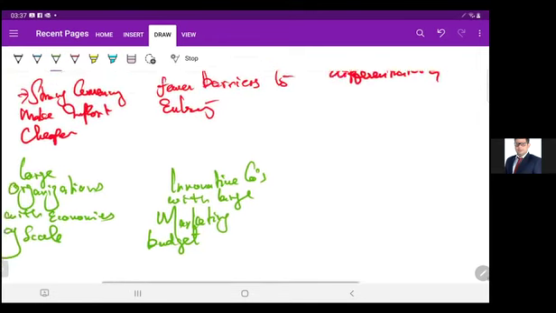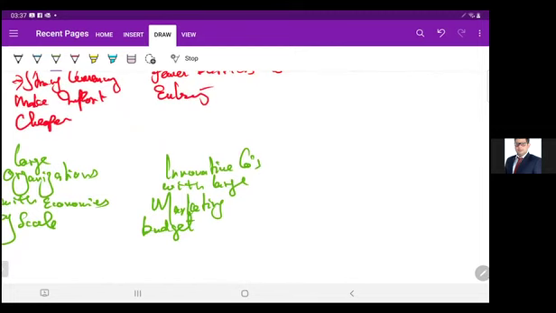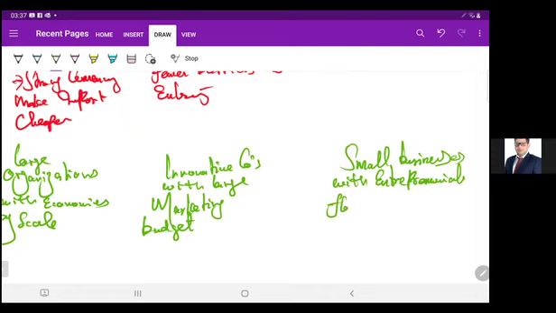And lastly, focus is suitable for small businesses with entrepreneurial flair, strong market knowledge, and a risk-taking attitude. And it is often suitable for startups, right? I hope you get it till here.